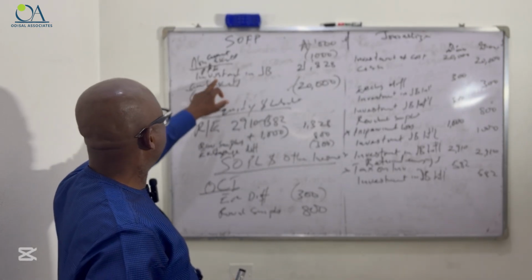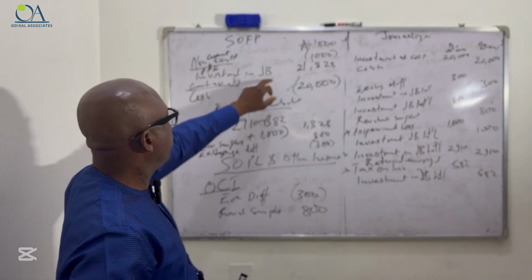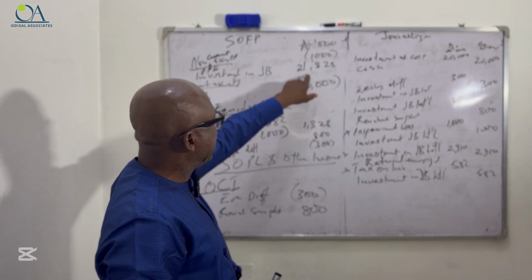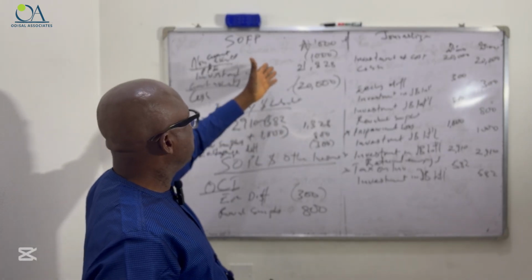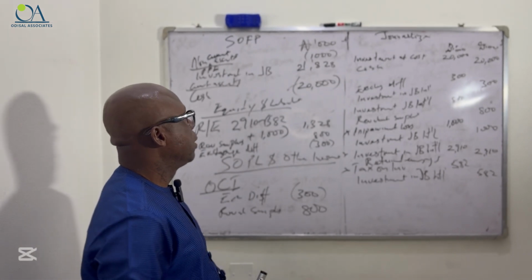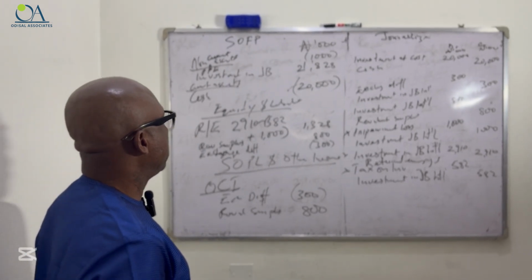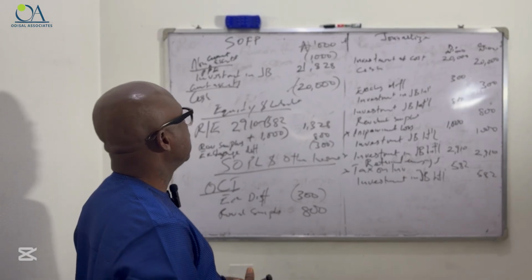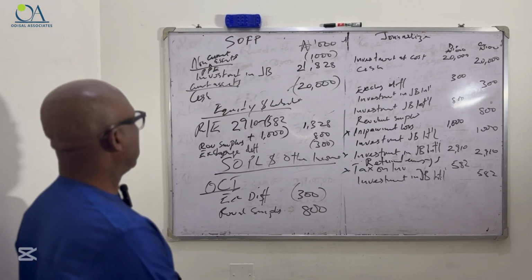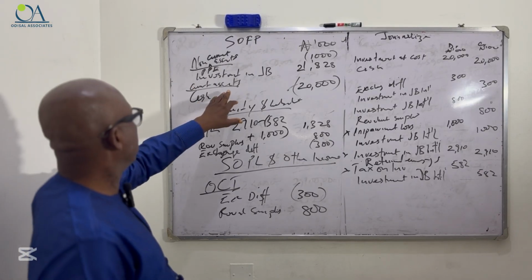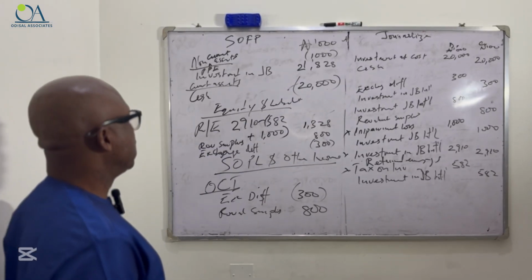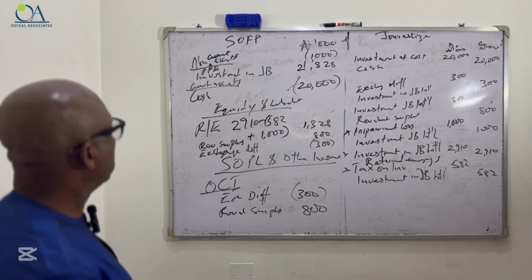And then we have investment in John Bars International, which will increase from 20 million to 21,828,000 naira. We are assuming that it has not been recorded, so we are bringing all the amount of the investment here. And then in the current assets, our cash will reduce by 20 million naira.